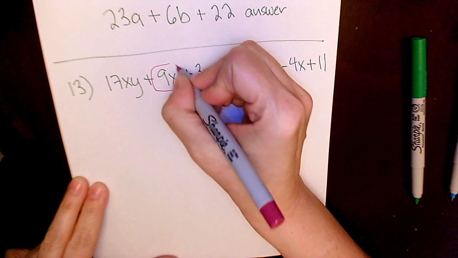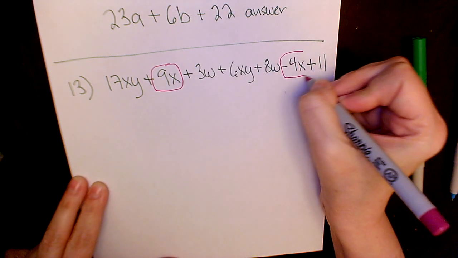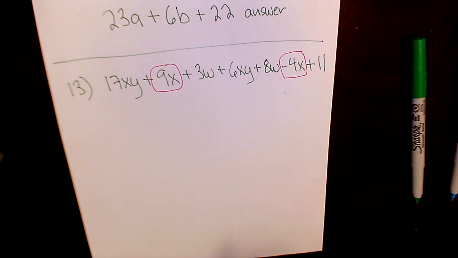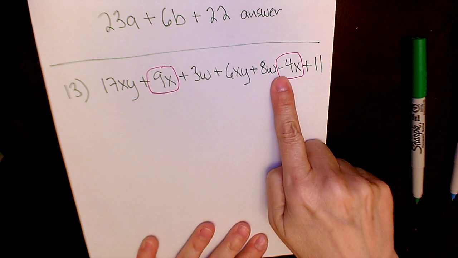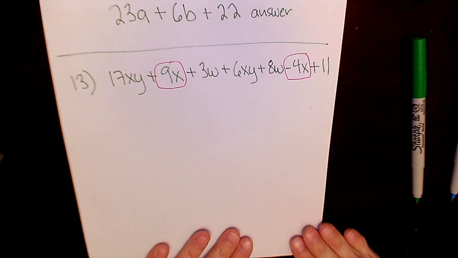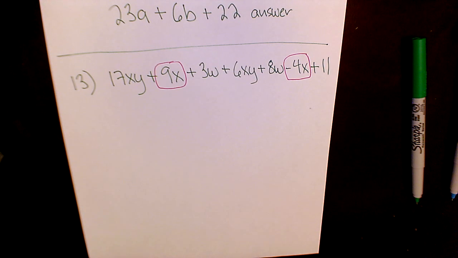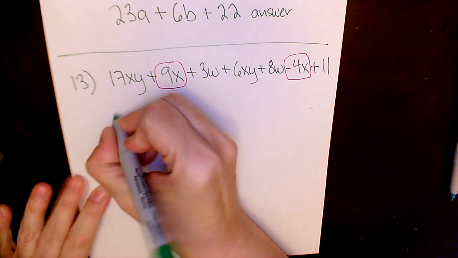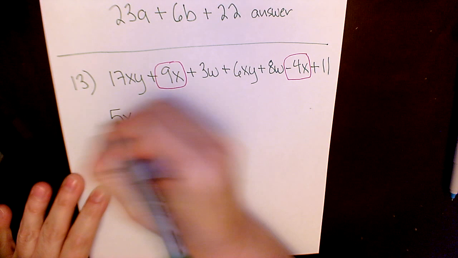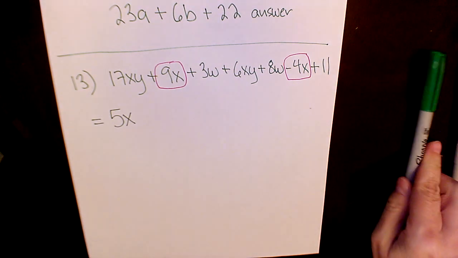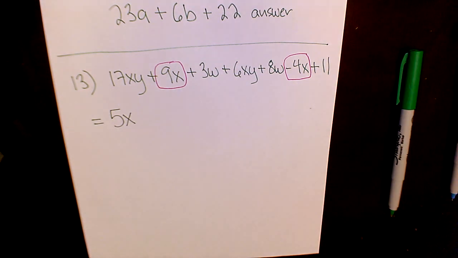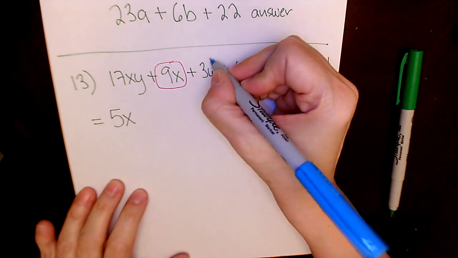So I'm going to start here. I've got 9x, and I'm taking away 4x, because there's a minus in front of that 4x. So 9x minus 4x. What's 9 minus 4? That's 5x. And those are done. I don't have any more x's. Okay, and in another color, I'm going to do my w's.